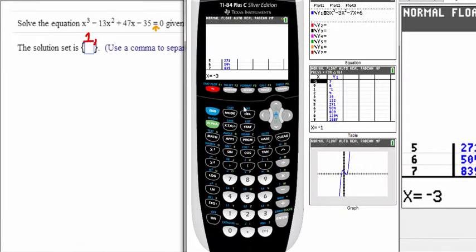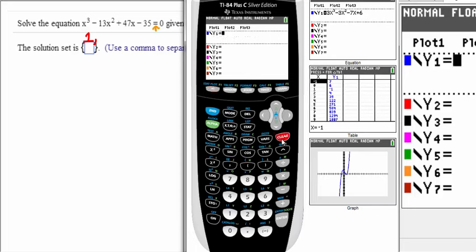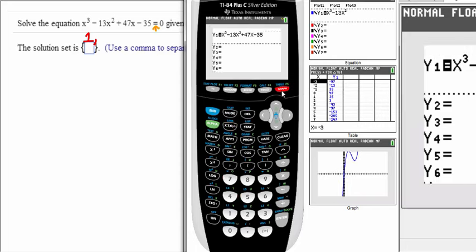So let's go ahead and hit y equal, and let's look at x cubed, x to the third, minus 13x squared, plus 47x, minus 35. Let's just graph this and see what's going on.